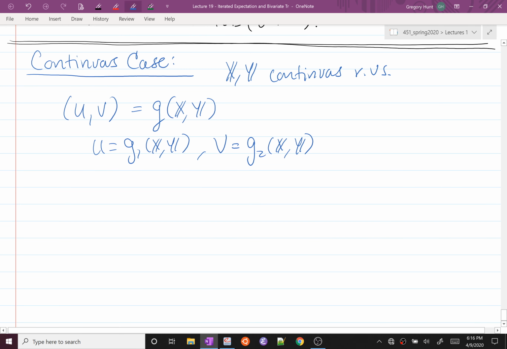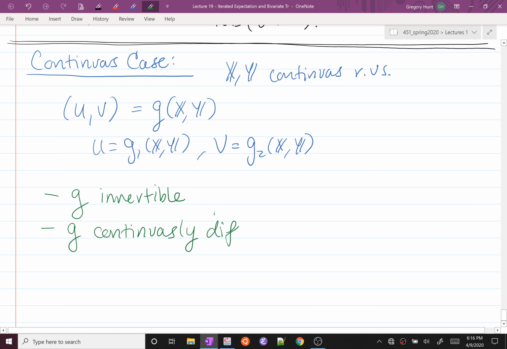And what do we need to assume about g? Well, in the univariate case, and same in the bivariate case, we need to assume that g is invertible and that g is continuous and differentiable. So we're going to say continuously differentiable.